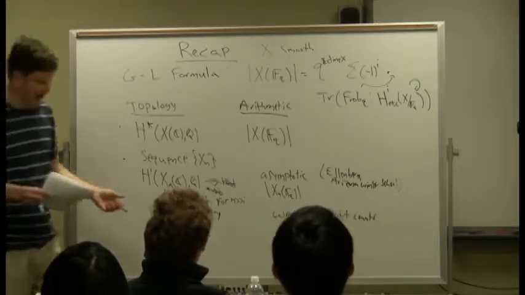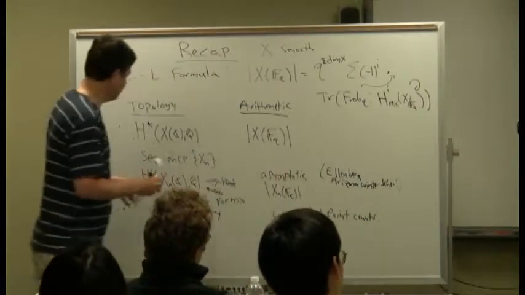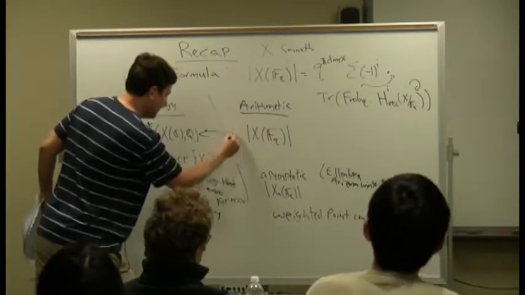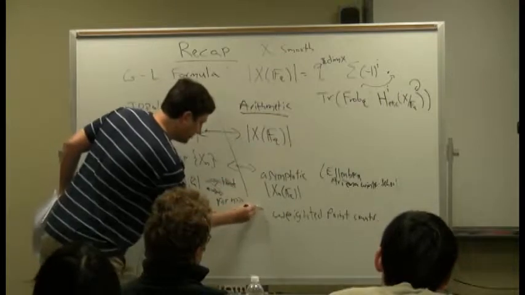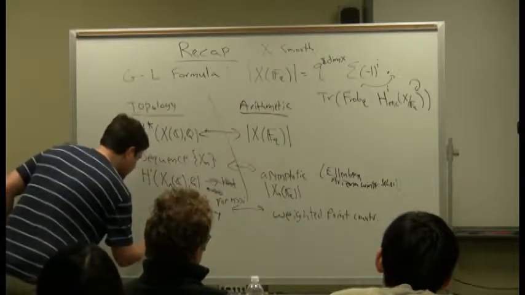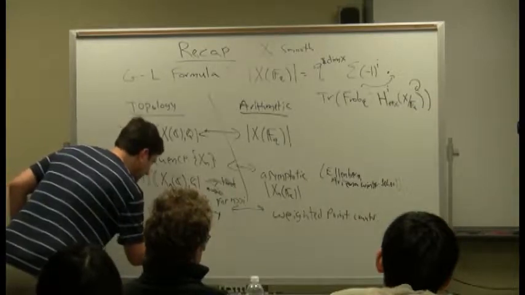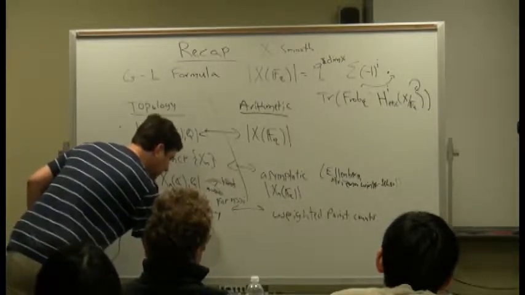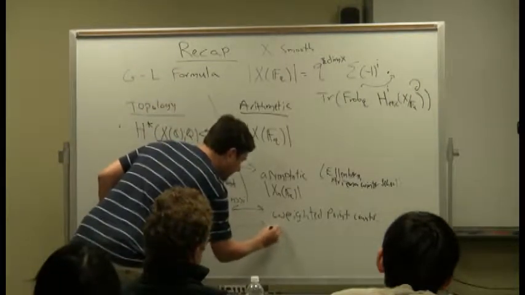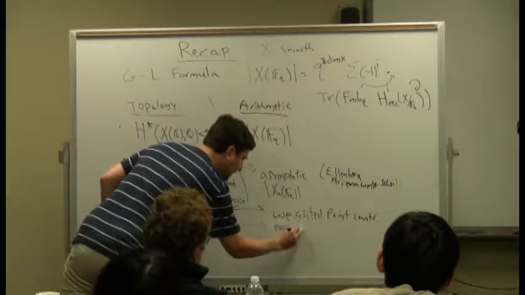What I want to do today is to think of this two-dimensional grid here. And there's more entries in this. Like I mentioned that the stable range, which is purely this kind of topological thing, I think is a pretty cool thing, gives error terms in asymptotic point counts.